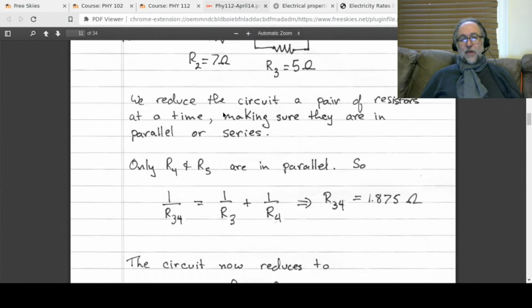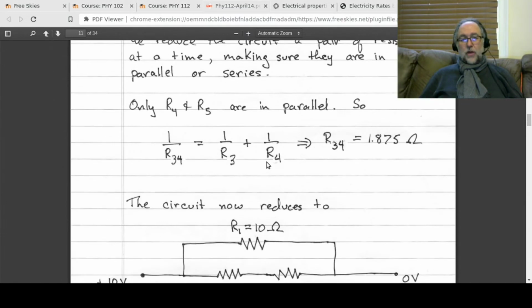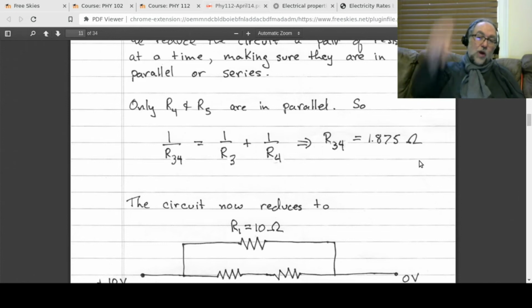So 1 over 5 plus 1 over 3. And then you work that out, and then you take the reciprocal of that, and you find that the effective resistance of 3,4 is 1.875 ohms. Okay, 1.875 ohms. So you could remove R3, R4 and replace it with one resistor whose resistance is 1.875 ohms.